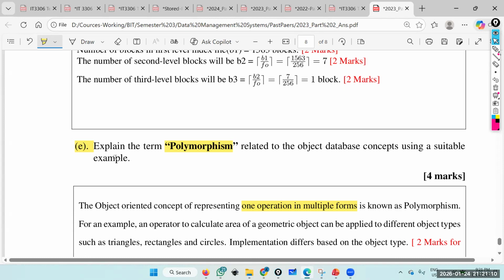But method overriding is same method name, same signature, but your super type has one implementation, subtype has another implementation. So then the correct version is called, right? If it is a super type object, the super type version is called. Subtype object, the overridden version of the method is called. So you need to explain that, right? The object-oriented concept of presenting one operation in multiple forms is known as polymorphism.